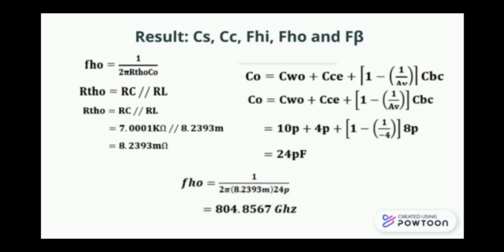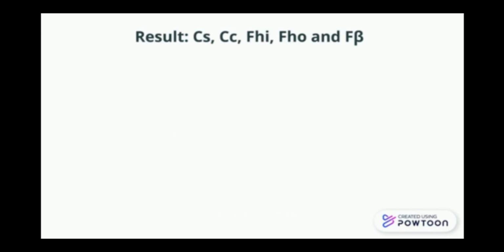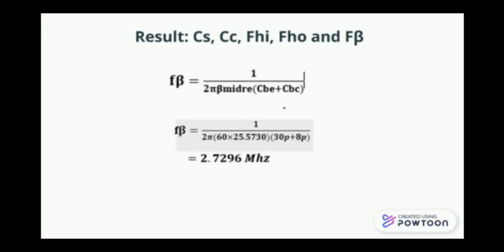After you get that, you must find the CO. CO is CWO plus CCE plus 1 minus 1 over AV times CBC. After that, you can get the FHO. For the frequency beta, the formula is 1 over 2 pi times beta mid RE times CBE plus CBC. So our frequency beta is 2.7296 MHz.